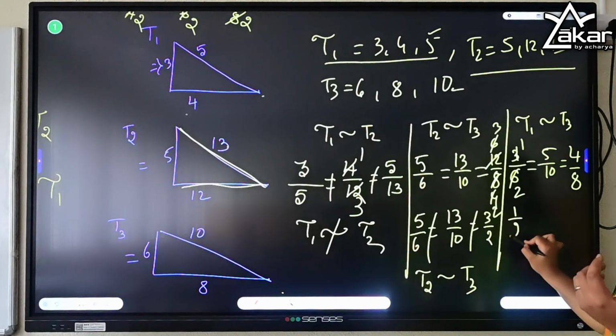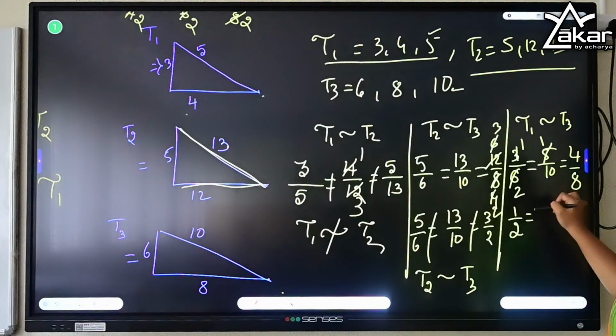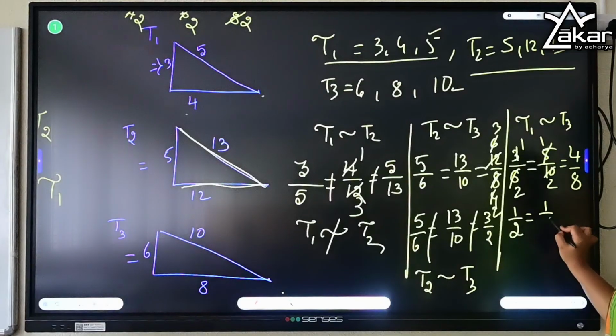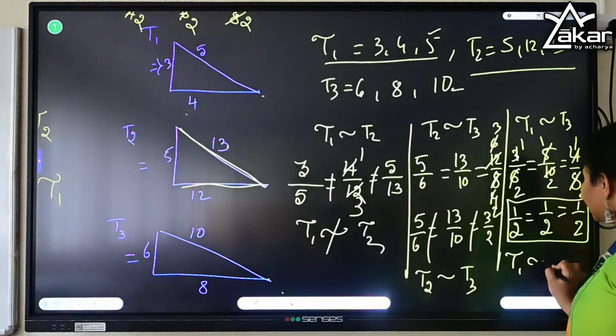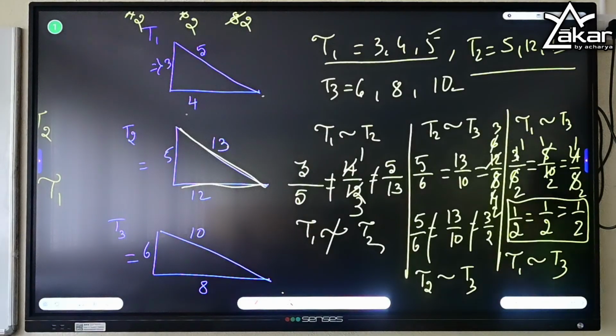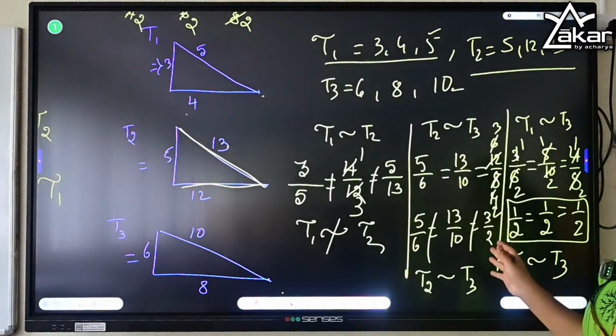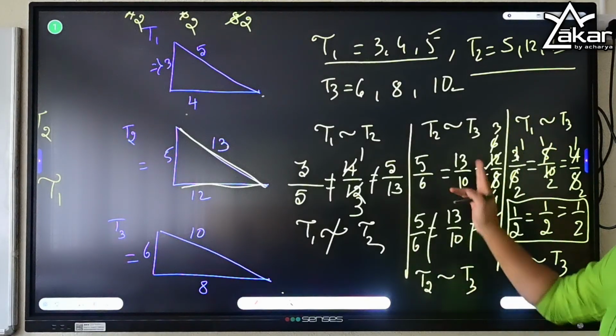Yes, the term is 1 by 2. Next, 5 1s are 5, 5 2s are 10, which gives 1 by 2, which equals 4 1s are 4, 4 2s are 8, that is 1 by 2. So each and every term is equal. So we can write that T1 is related to T3, that is, T1 is similar to T3 for the given sets of relation. So this proves the theorem.